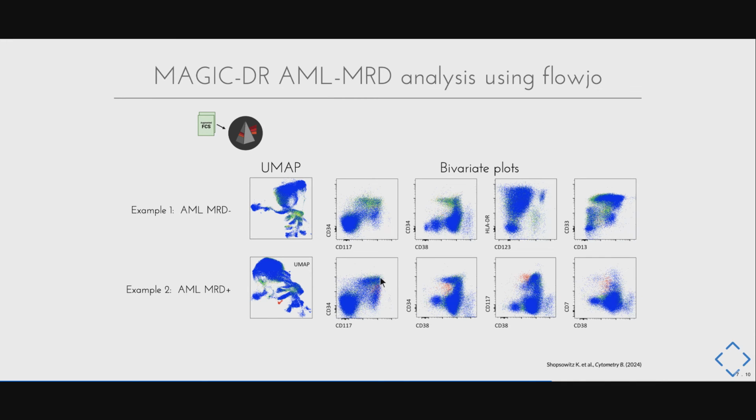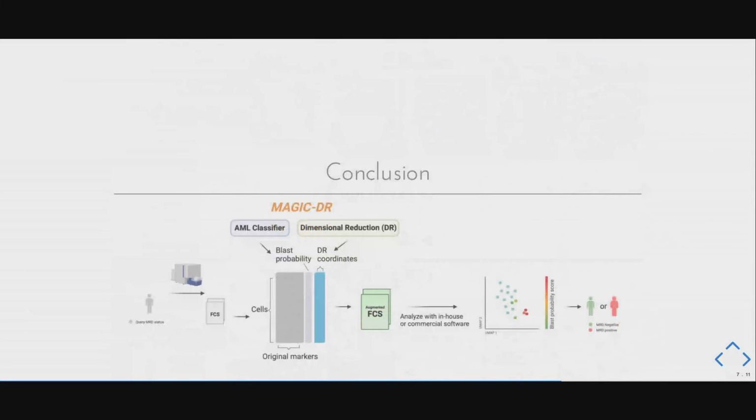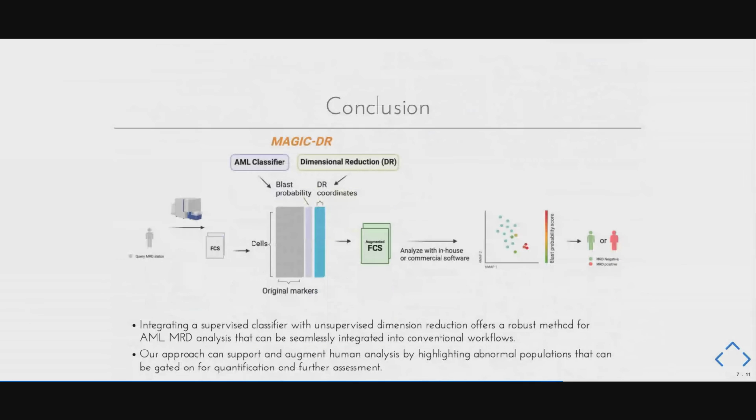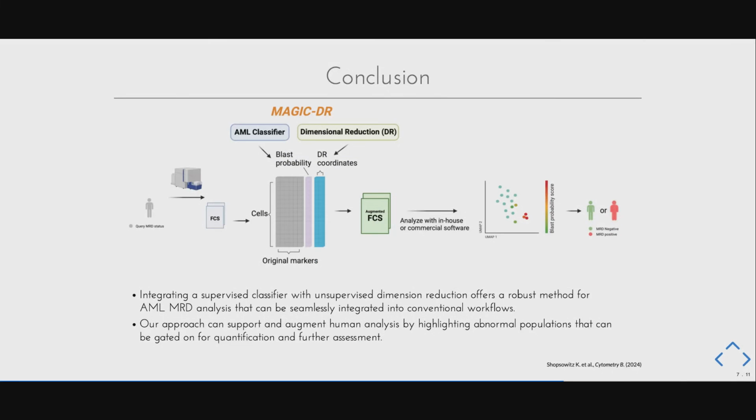Looking at the bivariate plot, we can also see a small cluster of red dots here and there, with CD38 dim, CD117 high, and CD7 positive phenotype. To conclude on the MatchDR model, integrating a supervised classifier with unsupervised dimensionality reduction offers a simplified approach that can be seamlessly integrated into conventional workflows.